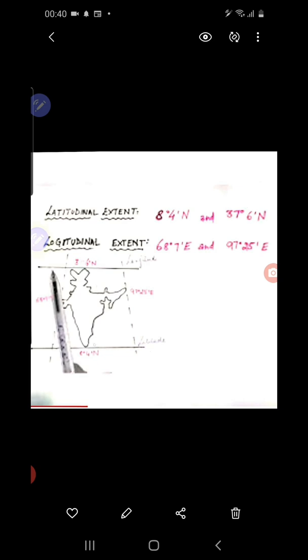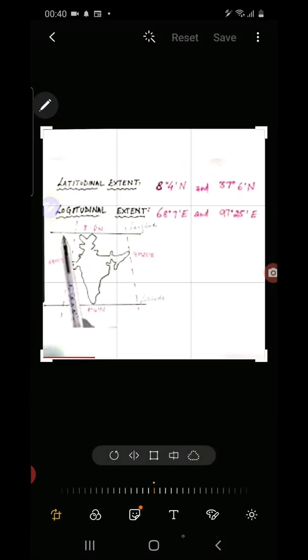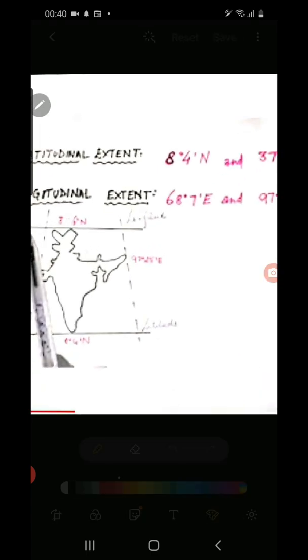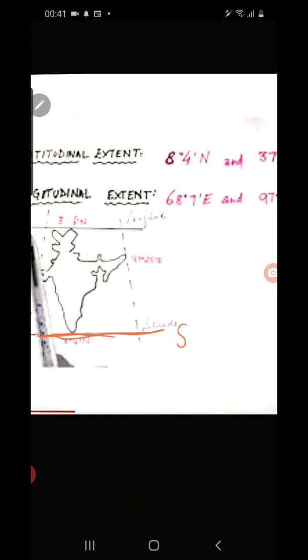So what is that? 8 degree 4 minutes north means latitude. Latitude means horizontal line. Which is the extreme line here? You see it begins from the south. This is called 8 degree 4 minutes north.